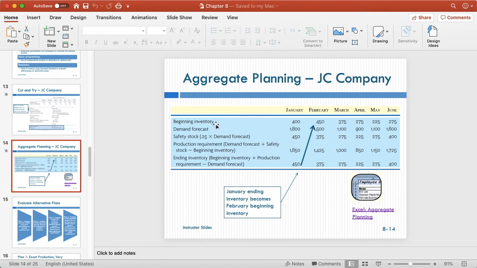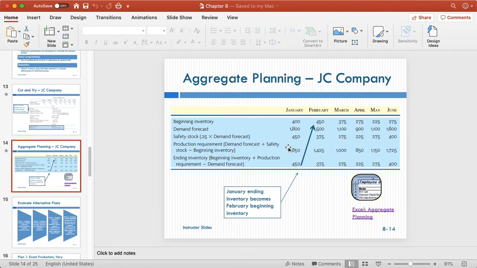The beginning inventory is the amount that you already have within your warehouse. Then how many do you need to produce for this specific month? It's very straightforward. You sum up the demand forecast with the safety stock, and then subtract what you already have, which is the beginning inventory.